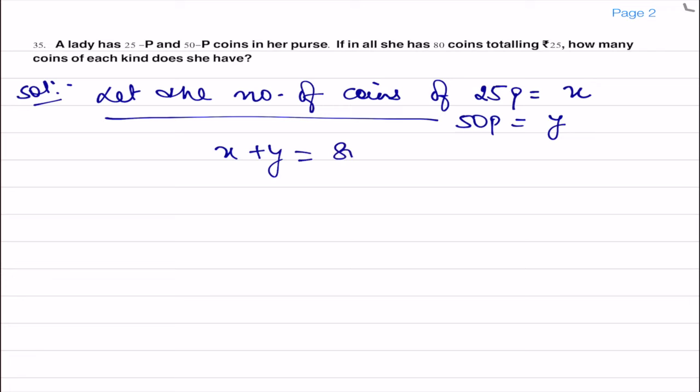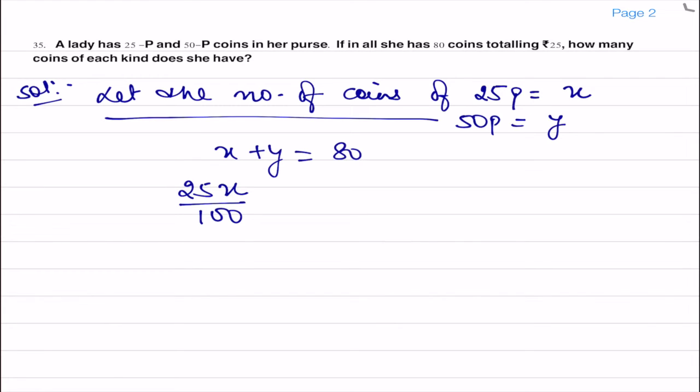But the total amount is rupees 25. Means if the number of 25 paise coins is x, what is the total amount? 25x upon 100. Why, children? Because it's 25 paise and the amount is given in rupees, so we will convert 25 paise into rupees. So 25 upon 100 is the amount of 1 coin.